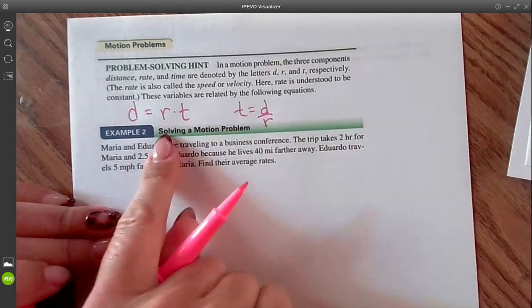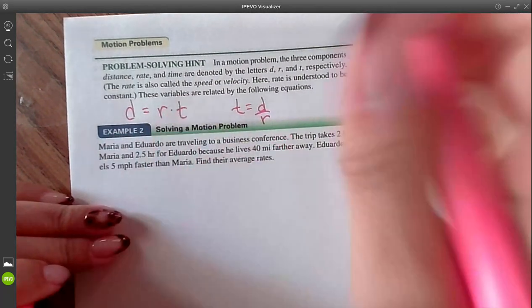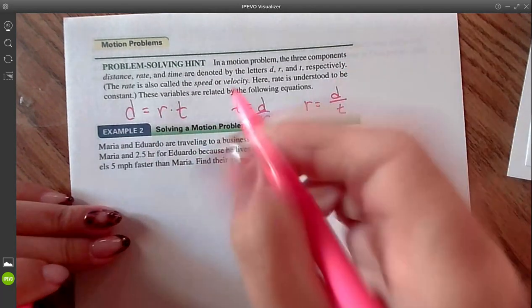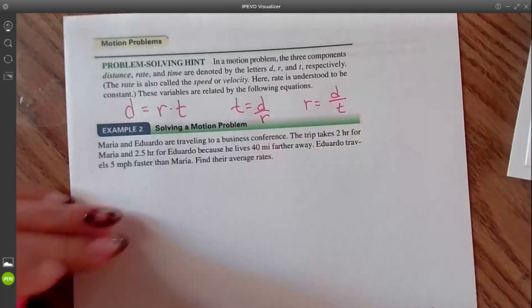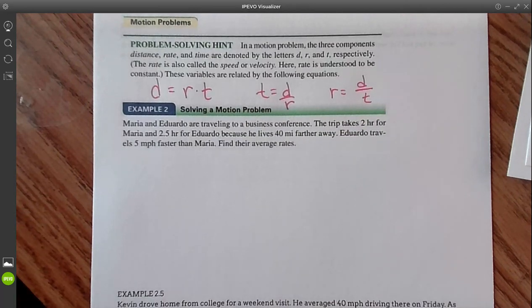If I go back and divide both sides by t instead, then r would be by itself, and I would have r is equal to d divided by t. So here are the three equations that we're going to be using when we have constant motion problems. I mean, there's more to it, but we will get into that as we go.